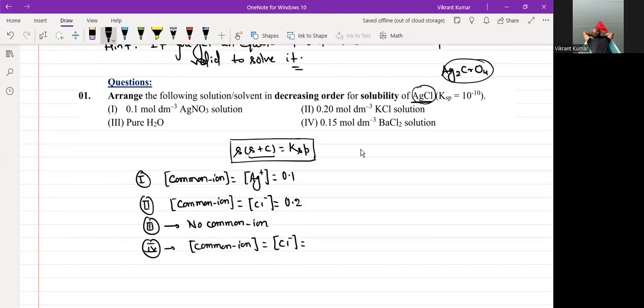How much is the common ion का concentration? 0.15 क्या? No, 0.3. Into 2. One salt is going to give you 2 anions, है ना? And that's why the concentration of common ion is not 0.15, it is 0.3.